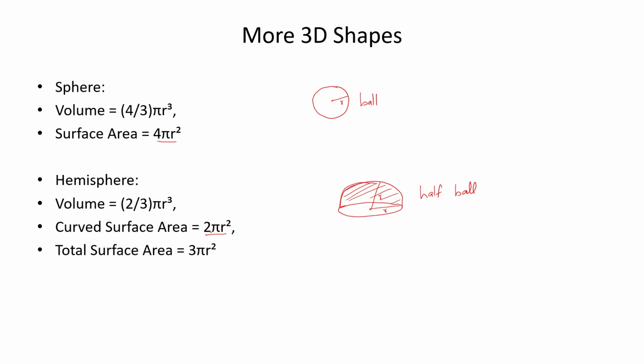Curved surface area is 2 pi r square, again half of the surface area of complete ball, and total surface area is curved surface area plus the base, means base is the circle. So you can assume that you have a circle and on this circle you have this hemisphere, right? This kind of thing. This is your hemisphere.